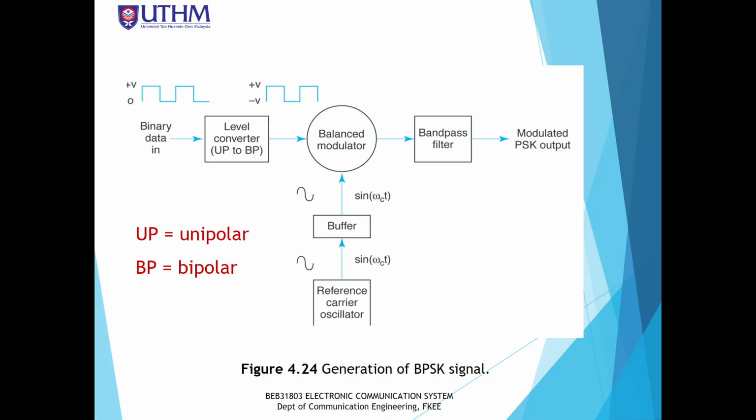So perhatikan di sini, kita ada input binary, kita ada digital input. Okey, dalam kes ini adalah unipolar, kerana ada single polarity saja. Masuk ke dalam level converter, dia akan tukar daripada unipolar kepada bipolar. Okay, so dia ada dua polarity, positive and negative.